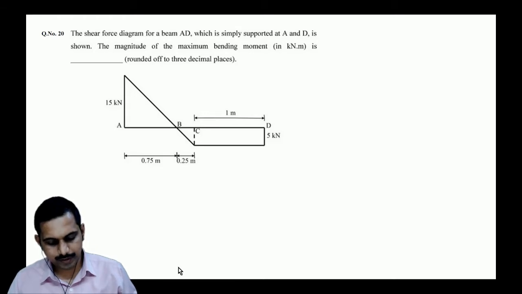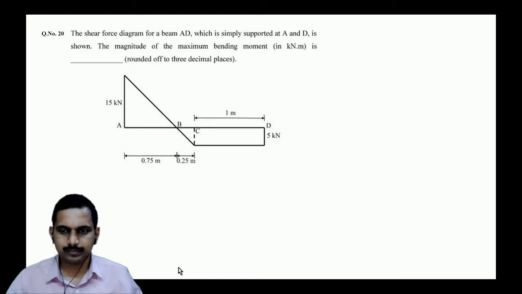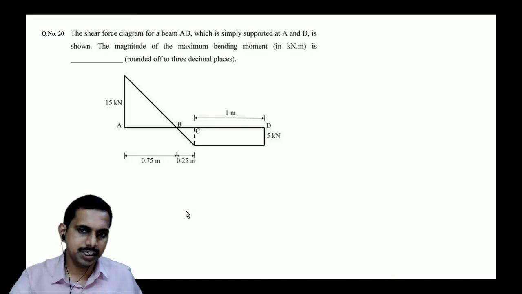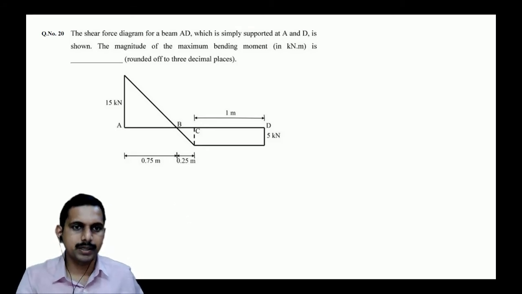Yes, student, you get the way? Sir, is it 5.625? Very good, super. It is 5.625. Good, man. Others? Very, very good, Nitin.